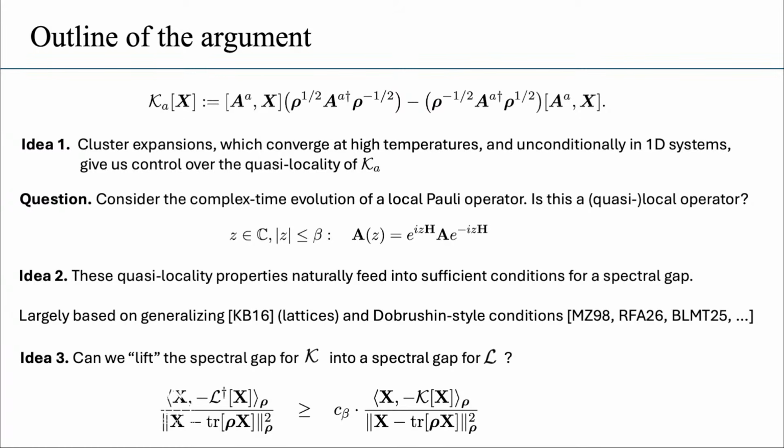So this is what one would refer to as the Dirichlet form comparison argument. The key idea is that we're trying to simulate the updates of L using the updates of K. And the conclusion is that the time derivative of operators X under K is strictly slower than the time derivative under L. So if we establish that K is gapped, then so is L.